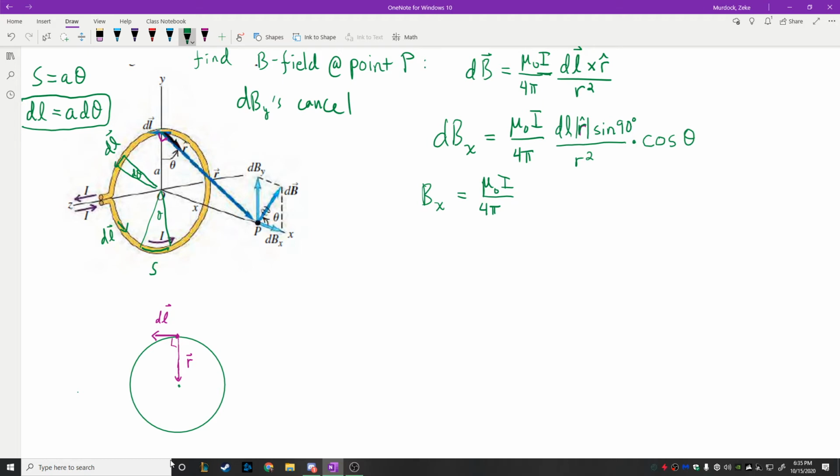Yeah, it is, right? r is the distance from this point to here, but because it's a circle, all those points are going to be the same, so we can pull the r squared out. Okay. What else do we have? We've got dl, which we said was equal to a d theta. I know a is a constant, but I'm going to go ahead and put it in here. Sine 90 is 1, cosine theta.